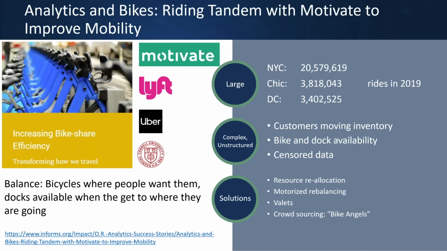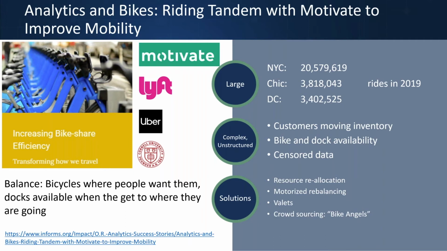So with that, I'd like to jump into a couple of these case studies that Informs provides for us. The first one is this idea of increasing bike share efficiency. This company, Motivate, is the largest organizer of bike sharing applications across the country. They have operations in New York City, Washington, D.C., Chicago, and other major areas.